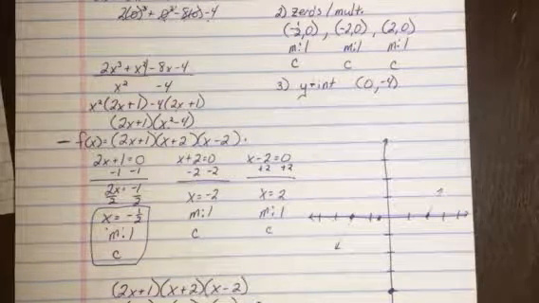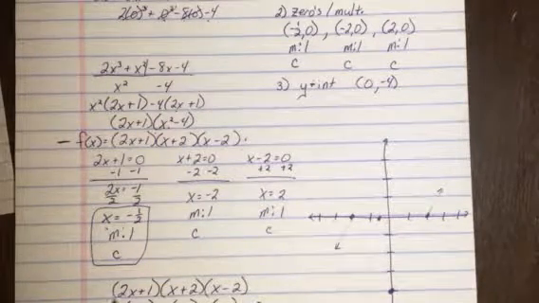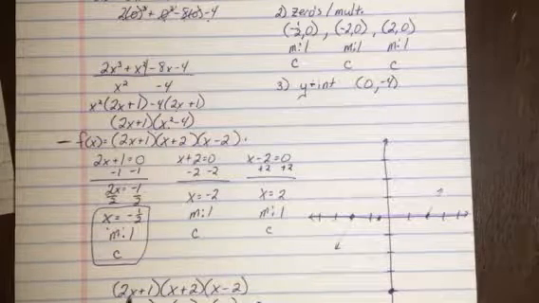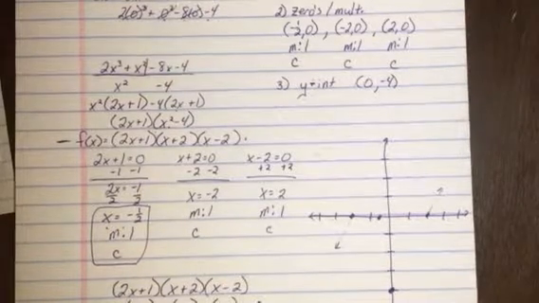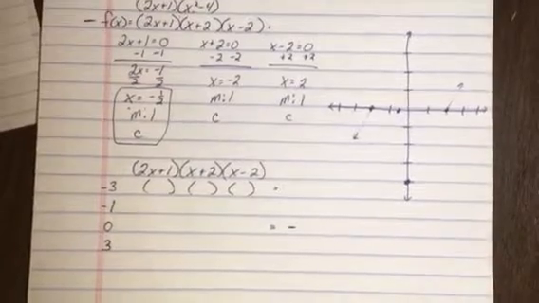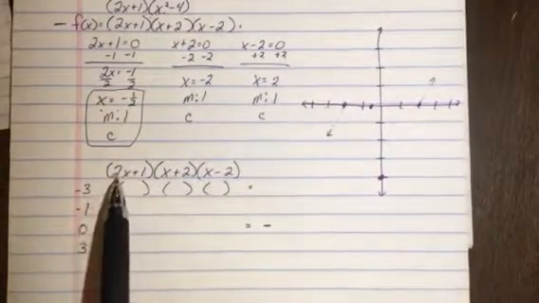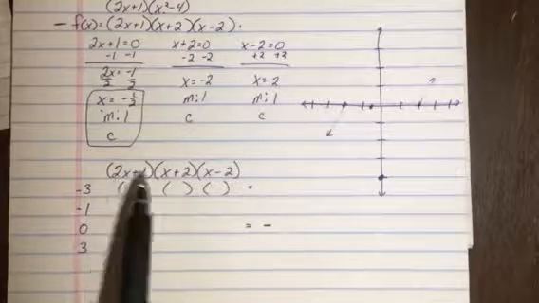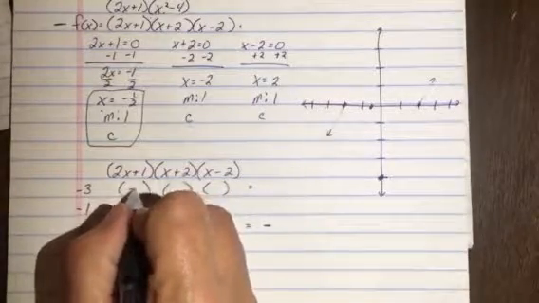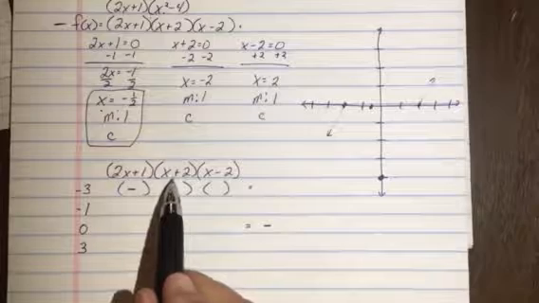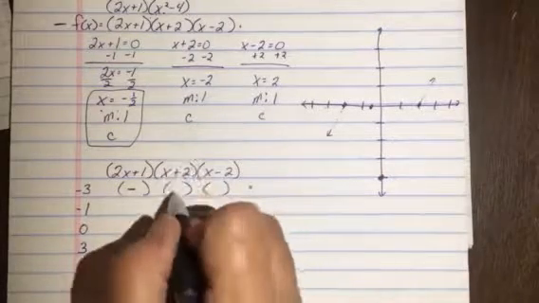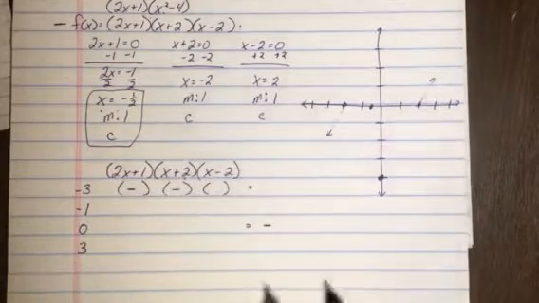So if I plug in negative 3, 2 times negative 3 is negative 6 plus 1, still a negative. Negative 3 plus 2, that's negative 1.